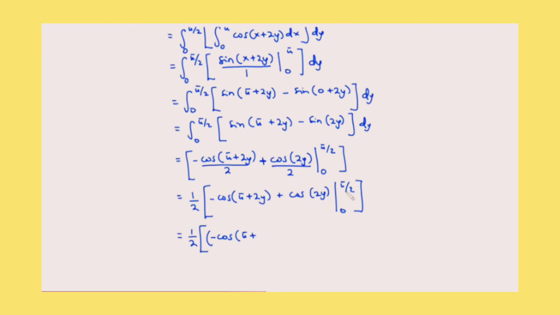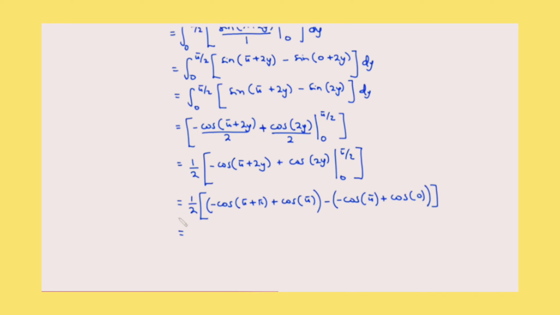Now 2 times pi/2, the 2 cancels the 2, we are left with pi, so it becomes plus pi, and then plus cos(2y), that is 2 times pi/2, the 2 also cancels the 2, we are left with pi, so plus pi. And then minus, for the lower limit we have negative cos(pi + 2y). Now 2 times 0 is 0, so we are left with pi here, and then plus cos(2y), 2 times 0 is also 0, so we have 0 here.